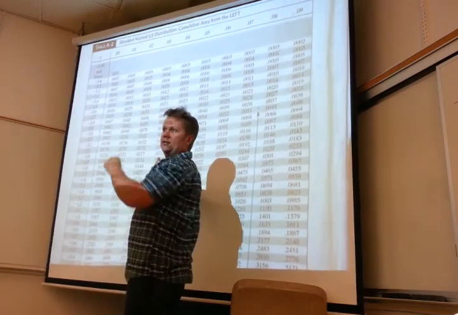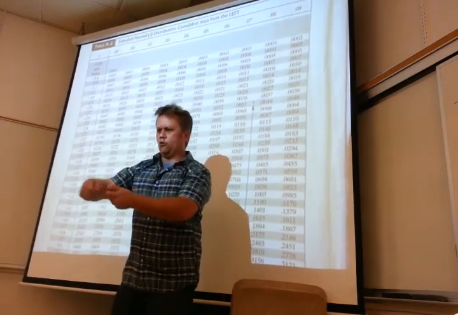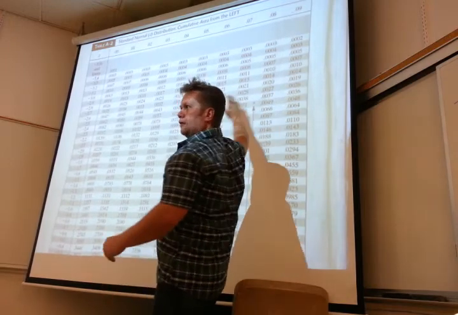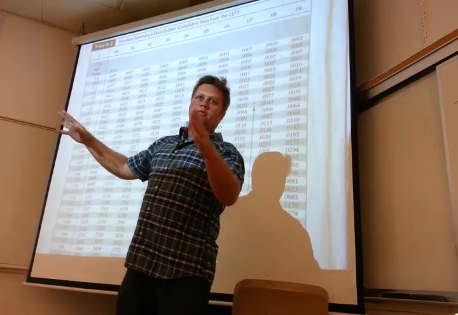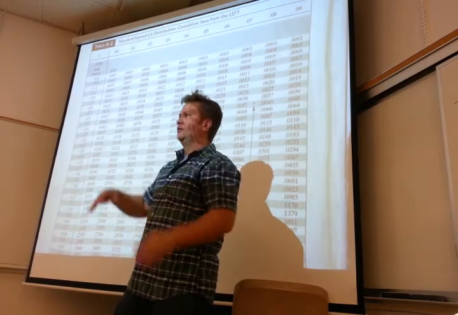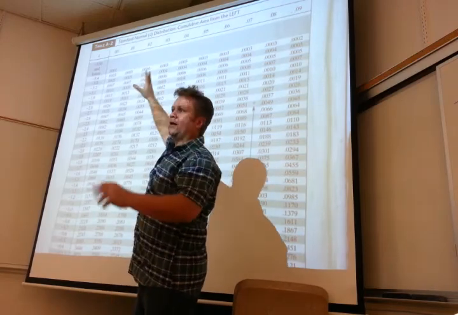Oh, that's cool. Do you see that? So instead of having some long list where you have to roll it out of your book, they made it into a matrix so you can find it. Now, I can only go out to 2 decimal places. If I wanted 3, this would have to be some kind of fold-out pop-up book, right? So let's just stick with 2 decimal places, that's fine.